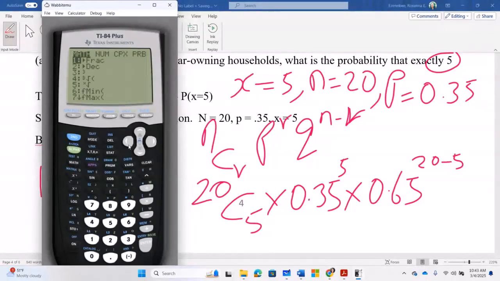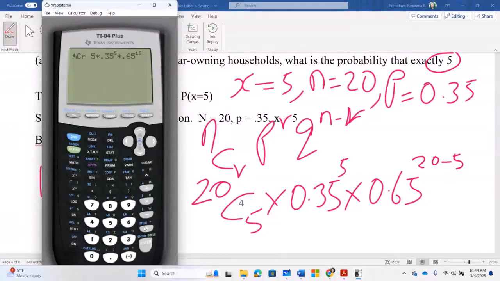Go to math, arrow to PRB. Combination is number 3. And then I'm going to multiply by 0.35 to power 5, caret 5. Also multiplied by 0.65, which is failure, all to power 20 minus 5, which is 15.